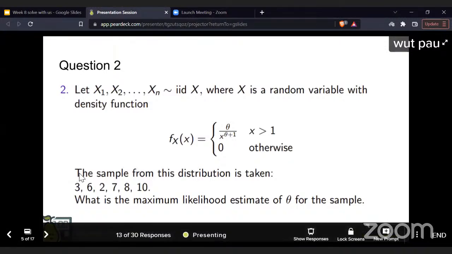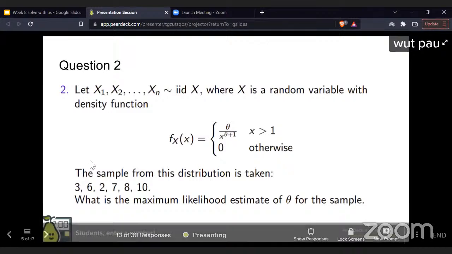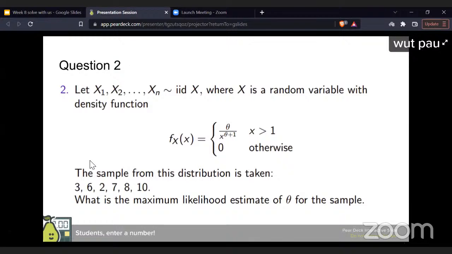Okay, so how many of you tried to find the ML estimator and the method of moments estimator for the normal distribution? For a normal distribution you have two parameters, mu and sigma square. Same goes for binomial, there you have two parameters.